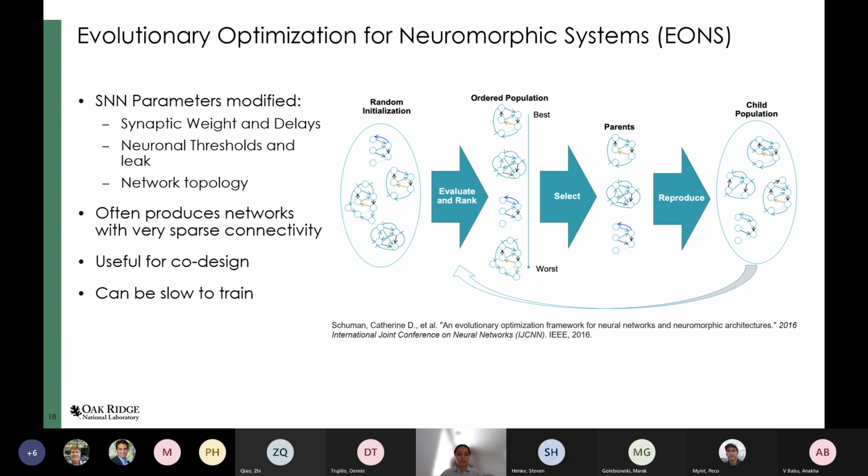However, the drawback is that it can be slow to train because we have to evaluate multiple such networks in parallel, and it works well only when we have a very large set of computing resources at our disposal.